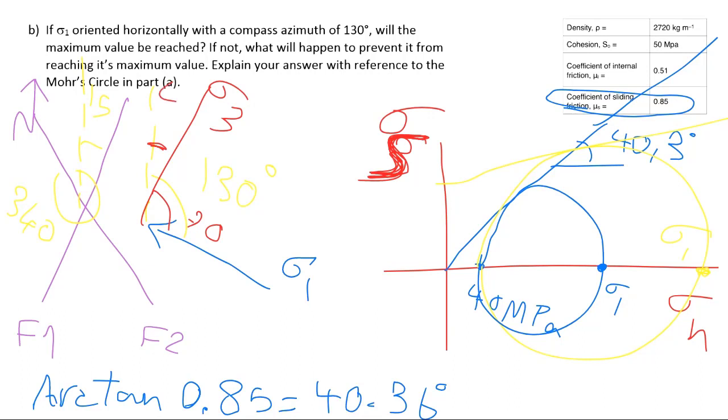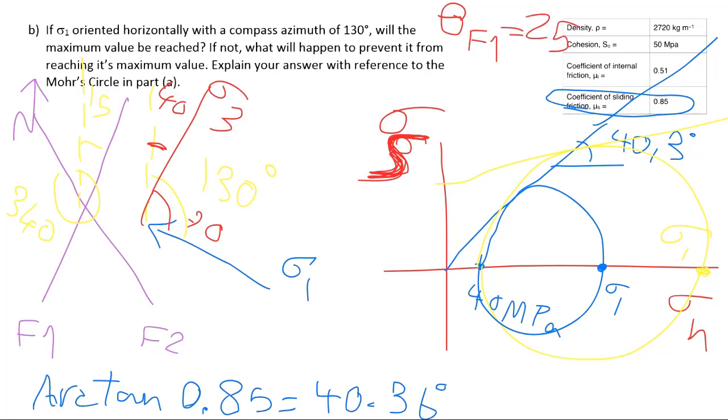Sigma 3 makes an angle with north of about 40 degrees. If I subtract 15 from this 40, it gives me the angle between fracture F1 and sigma 3, which is 25 degrees. So I can write here theta for F1 is 25 degrees.